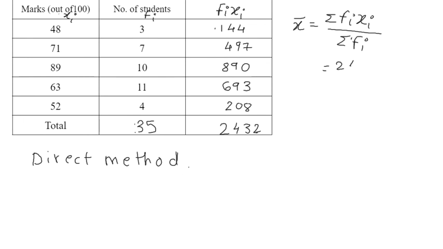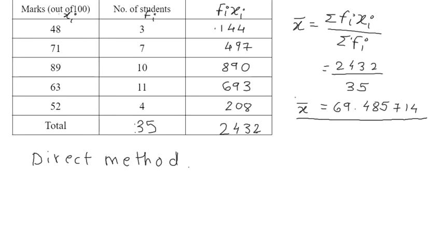So let's make a division. So we got the answer 69.485714. So this is the arithmetic mean for this discrete frequency distribution using the direct method.